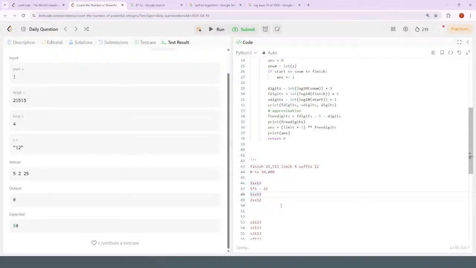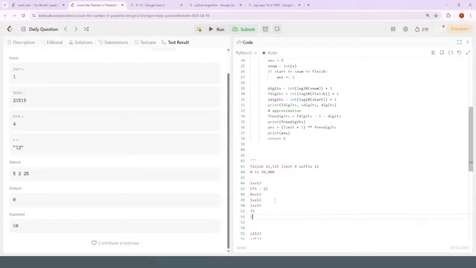So I guess it could be 0xx12, 1xx12, 2x1. Maybe this is the way to approach it. Because 0 is actually what is being considered when I do power of 10. So this is actually like 75. And then you reduce it by the things that don't work between 20,000 and 21,515.